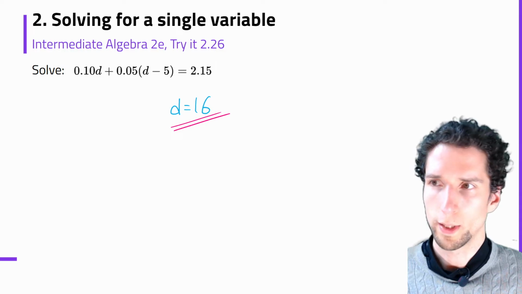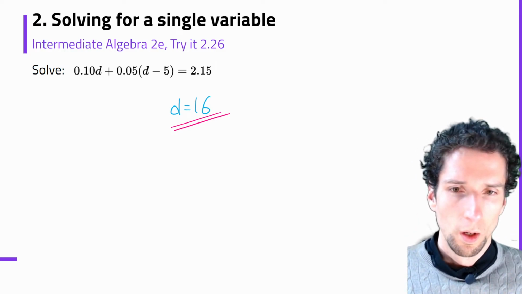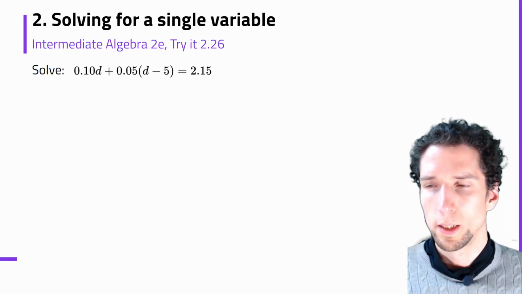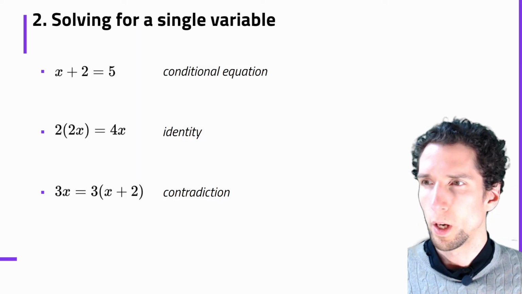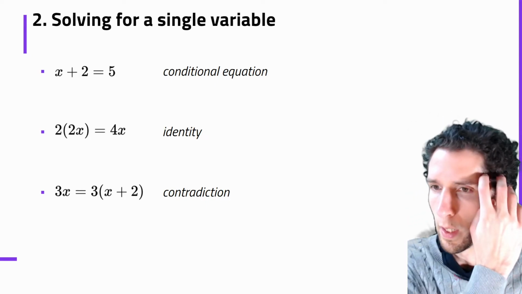Hopefully you got the same result. All right, let's move on. Quick thing to explain, and then one more set of problems, and then that will be it for today.